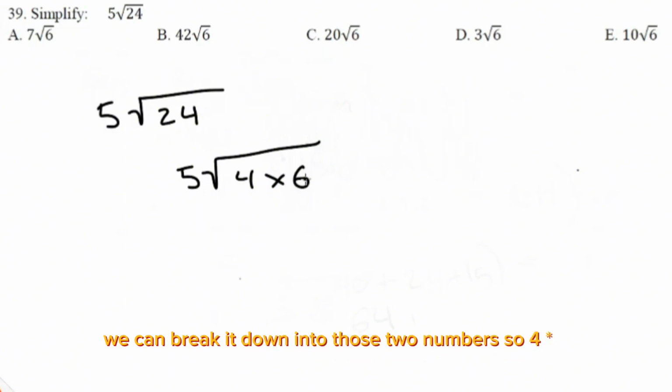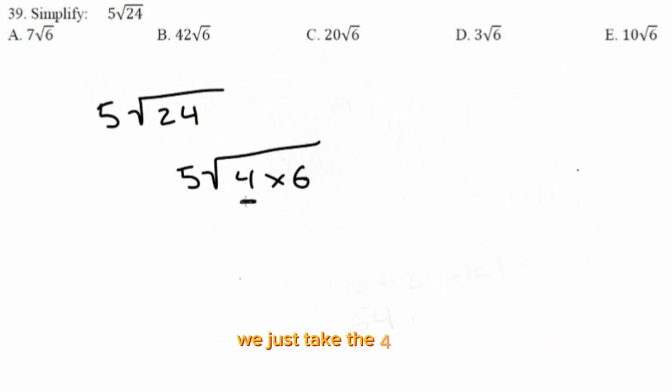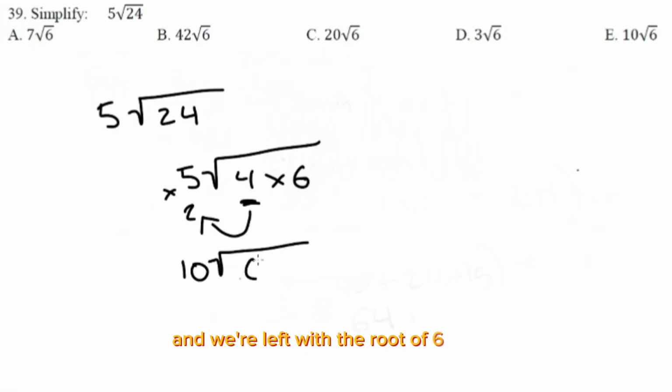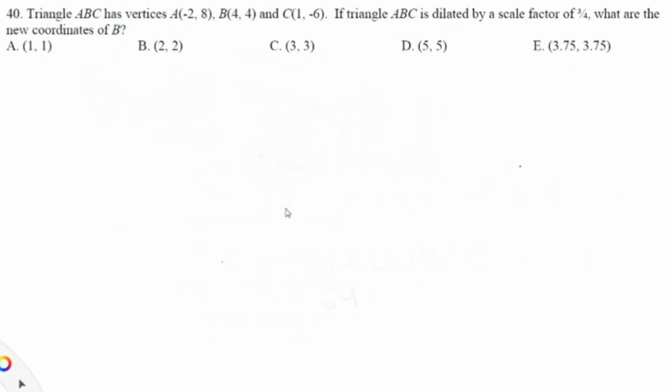So 4 times 6. So we just take the 4, and we can see that the square root of 4 is 2. So we can bring the 2 outside. So that just becomes 5 times 2, which is 10. And we're left with the root of 6 inside. And that's your answer.